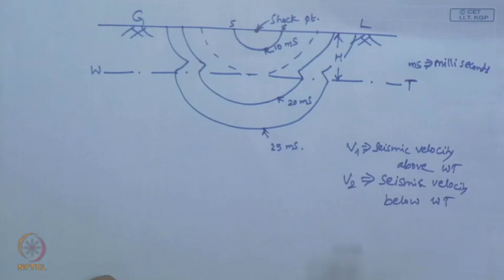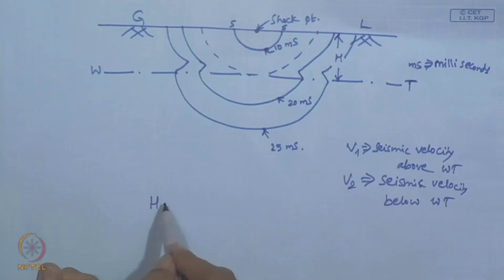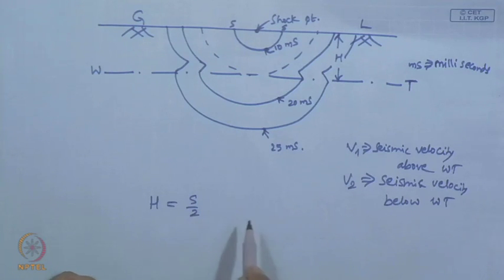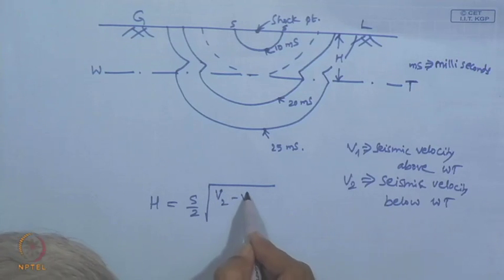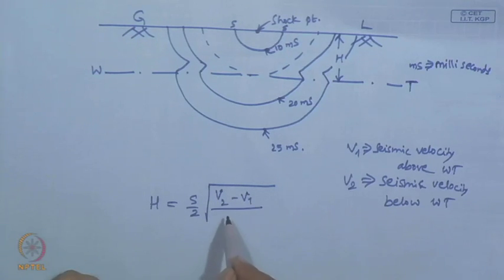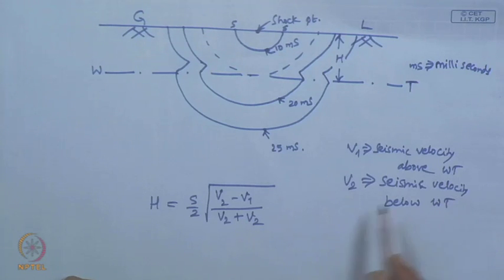In that case, the depth to water table h is related by the equation h = s/2 × √((V2 − V1)/(V2 + V1)), and obviously this V2, the seismic velocity below water table, will be higher than the seismic velocity above water table.